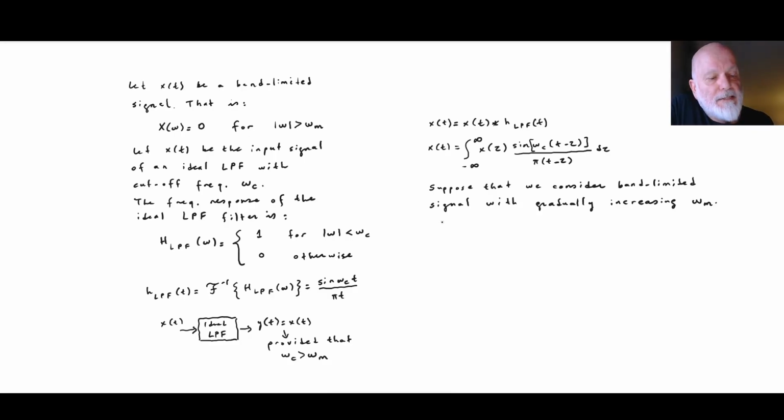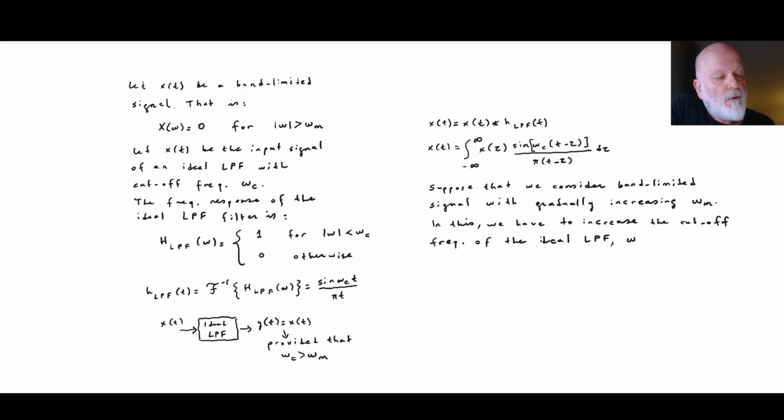So in this case, we have to increase the cutoff frequency of the ideal low-pass filter, omega c, such that omega c is greater than omega m.